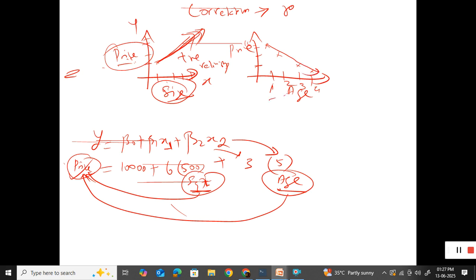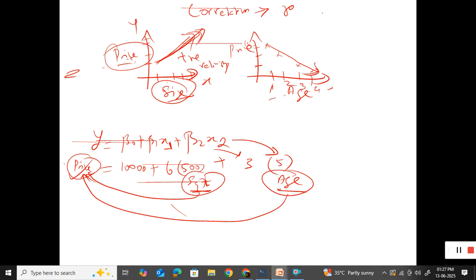Okay, as the age increases, the price decreases. The housing price falls because of depreciation. Correct? So as the age of the house increases, the price decreases.